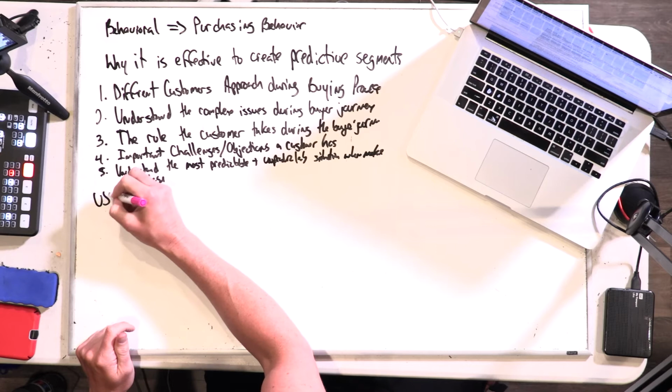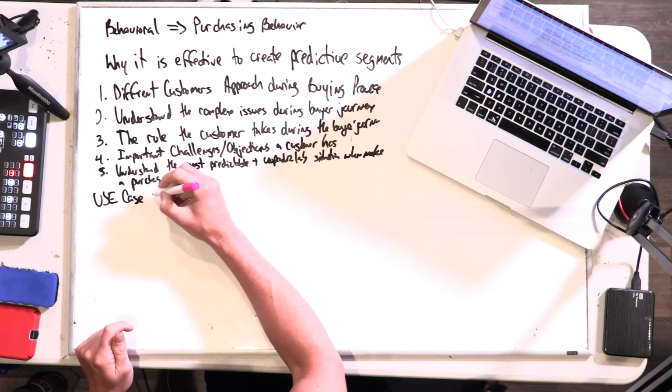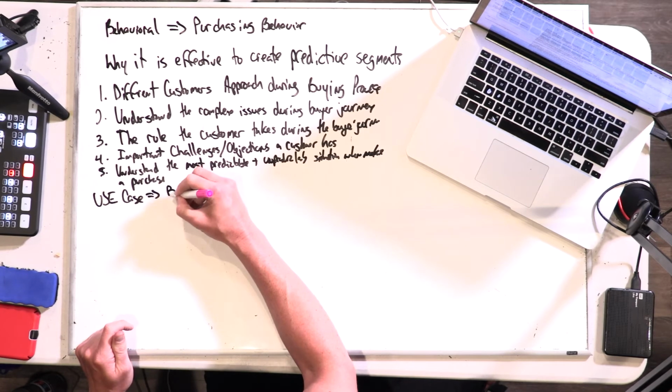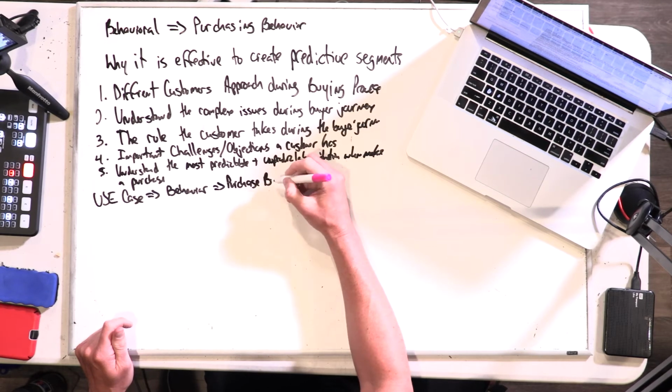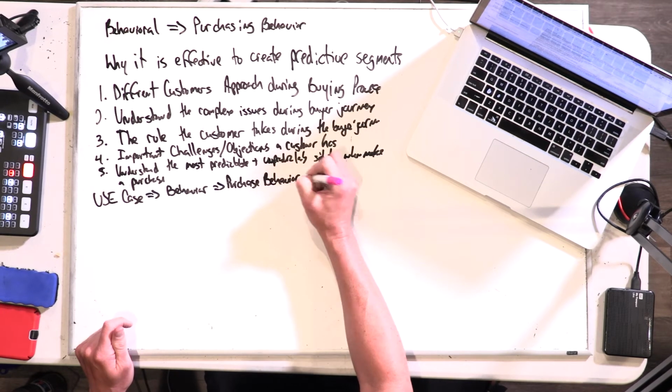The use case of why you want to segment by purchase behavior, understanding why someone will buy, is a very powerful thing. You're going to want to take somebody through a survey. What you want to do is create your segments before they go through the journey.